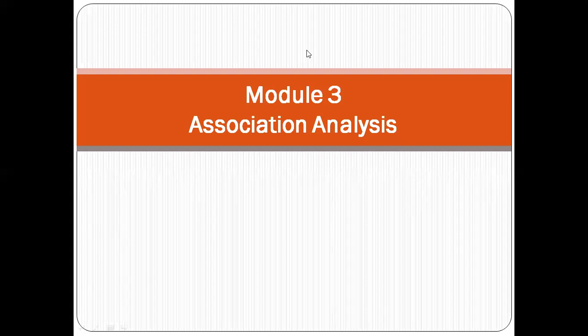Till now we have completed two modules. In the first module we studied about the data warehouse, the elements of data warehouse architecture, and the types of data warehouse models. And in the second chapter we studied about data warehouse implementation.